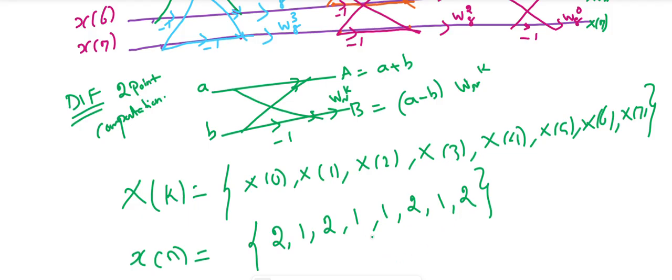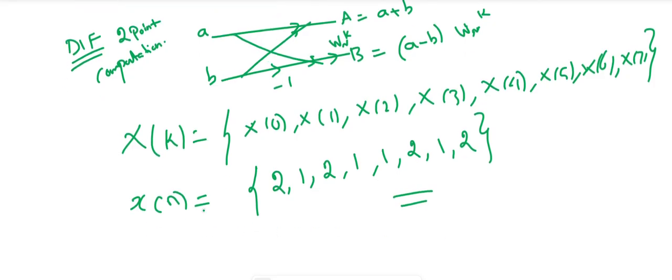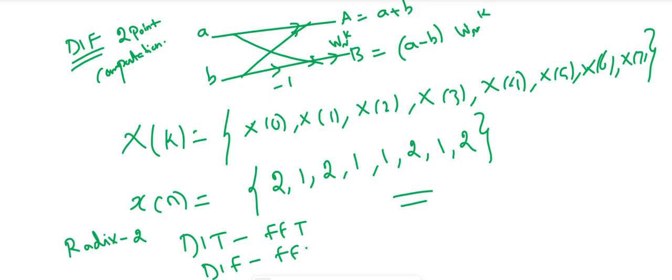Take this sequence x of n and perform both radix 2 decimation in time FFT algorithm and decimation in frequency FFT algorithm, and verify the output X of k. In both cases you have to determine X of k only.